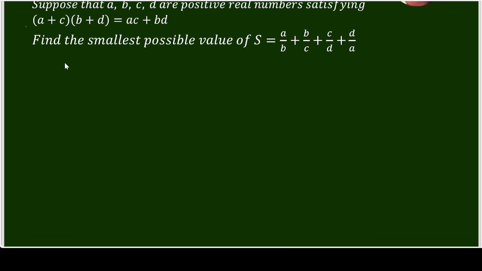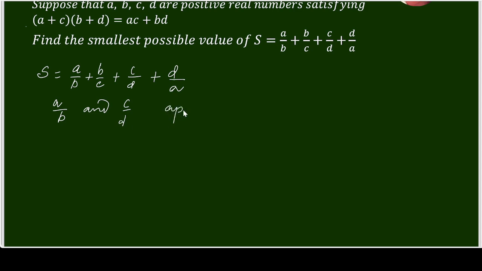So let's find a short method. So the question is about S equals A by B plus B by C plus C by D plus D over A. Here I am taking pairs A by B and C by D and applying the arithmetic mean is always greater than or equal to the geometric mean.